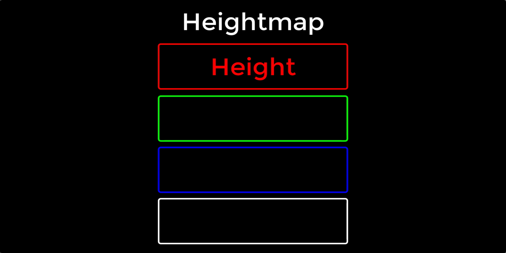So the problem is that usually when you work with different shaders and you haven't built them yourself, you're just using them, you always have the problem that you don't really know which channel the data is read from, right? So that means that whenever you get a texture somewhere that comes with a height map and an ambient occlusion map, usually the data for the height and the ambient occlusion map is stored in all 4 channels.